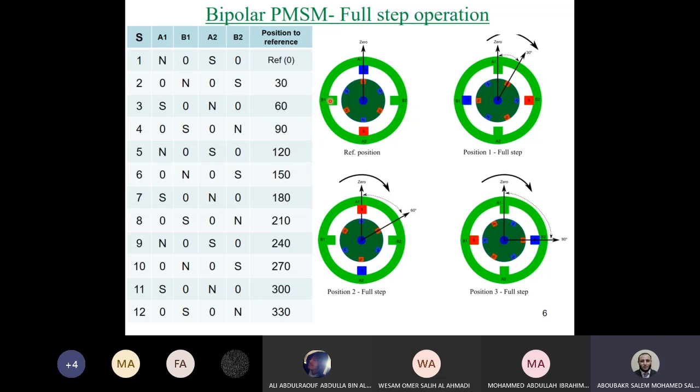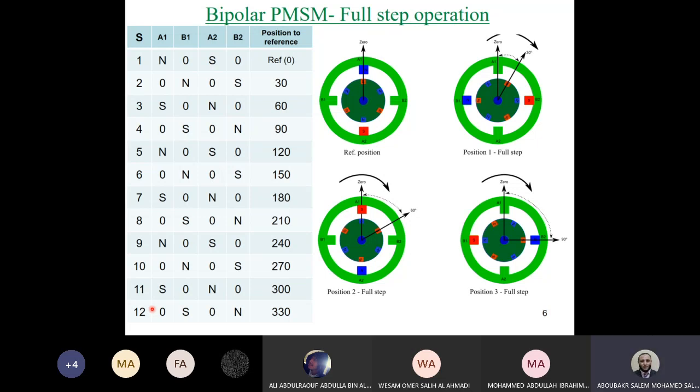We need to move N to tooth A2, which means the current will be reversed in coil number 1. So for coil number 1 at step number 3, A1 will be S and A2 will be N. For that, you can find that the rotor moved another 30 degrees in the same direction, and so on in the same way. So it's expected to have 12 pulses for one complete cycle.